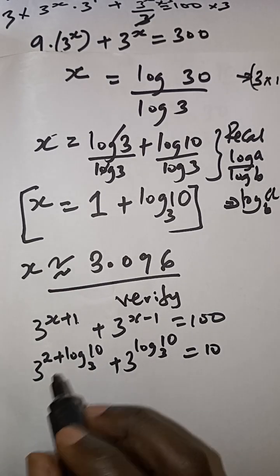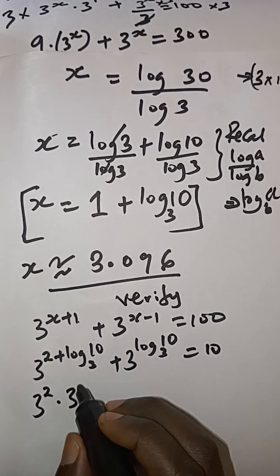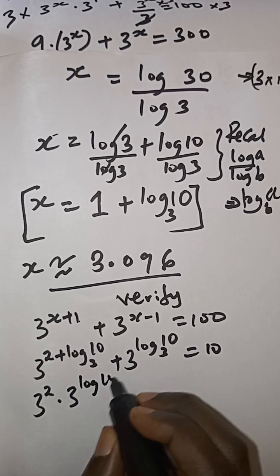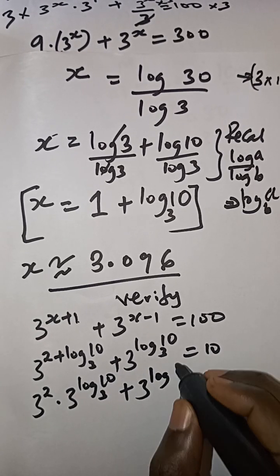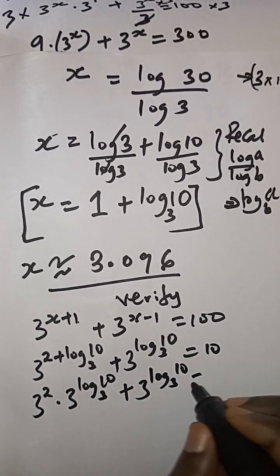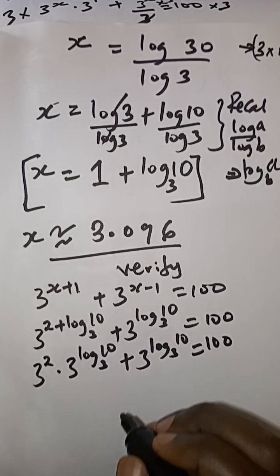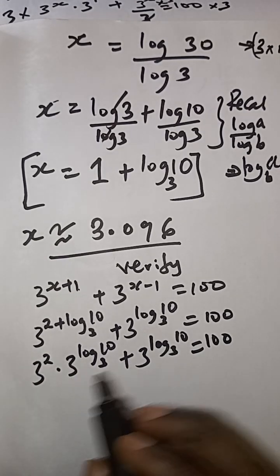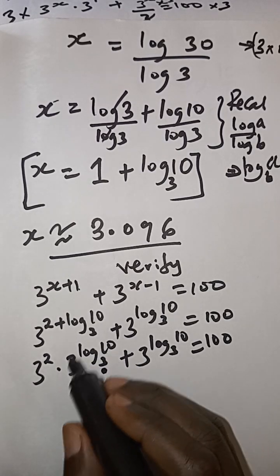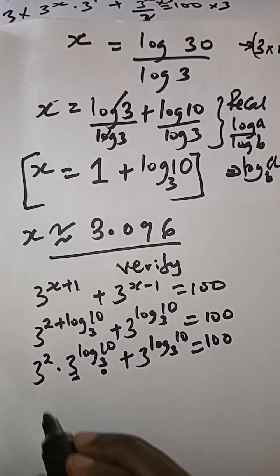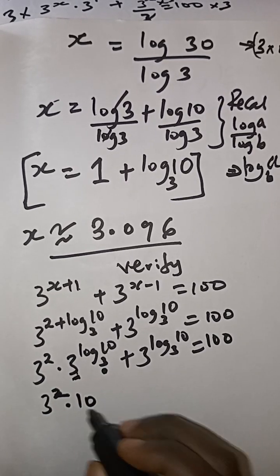The powers are added, so the bases are multiplied as 3 power 2 multiplied by 3 to the log of 10 base 3 plus 3 to the log of 10 base 3 should give me 100. So since the base and the base are similar, then this disappears, and then I'm going to remain with 10. 3 squared multiplied by 10.